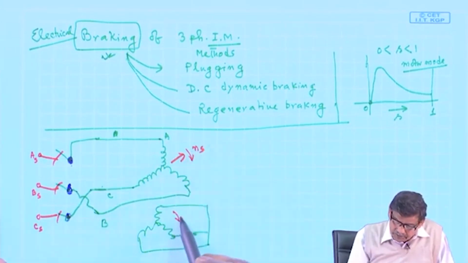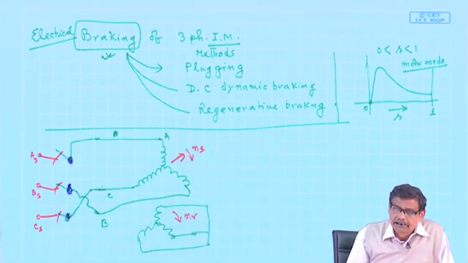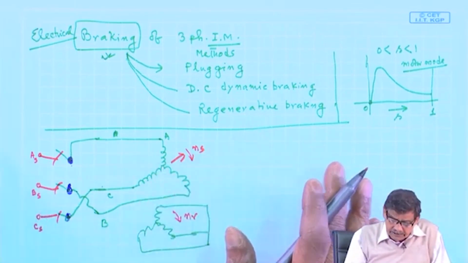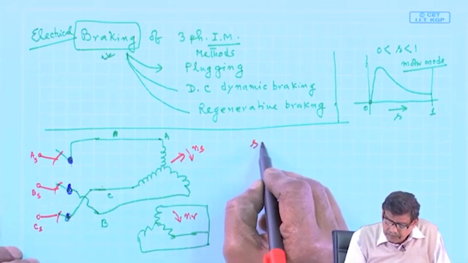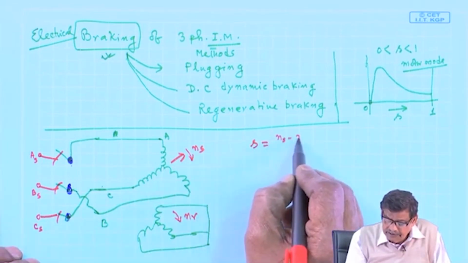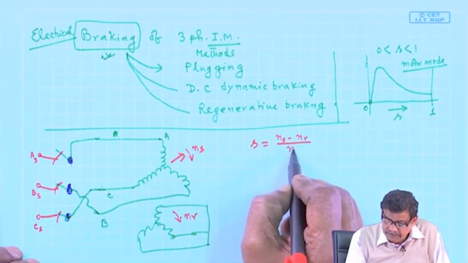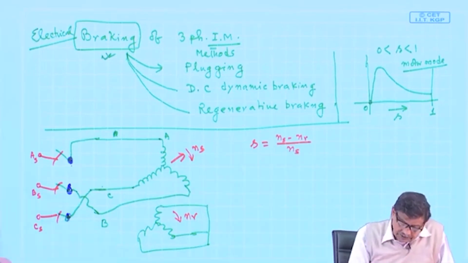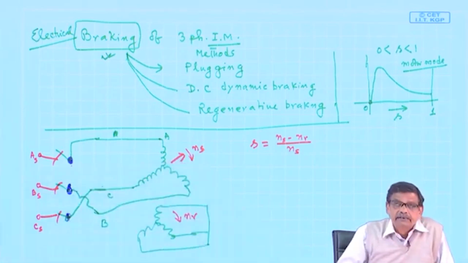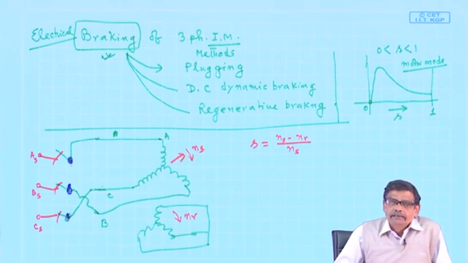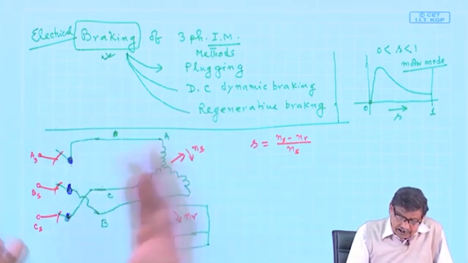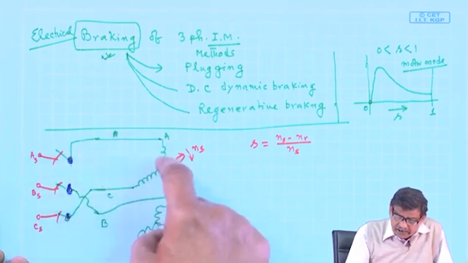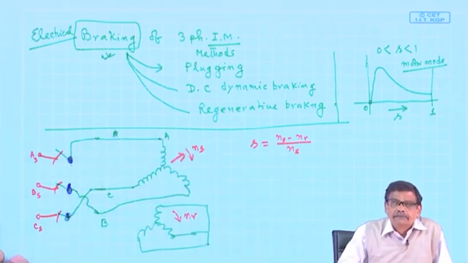The rotor will rotate at some speed nr, and suppose it is running steadily, and the slip is (ns minus nr) by ns. Now, at some time I will change the supply phase sequence to the machine.